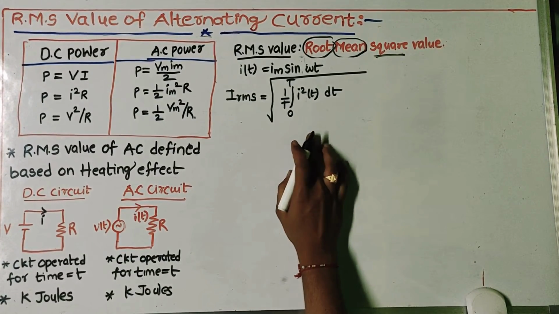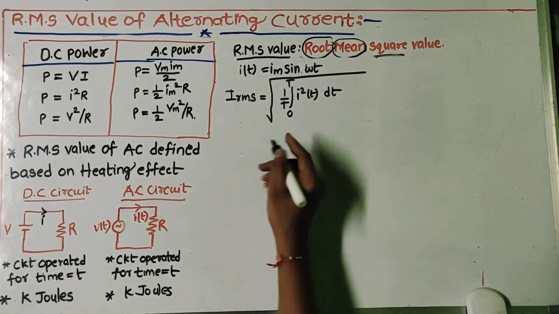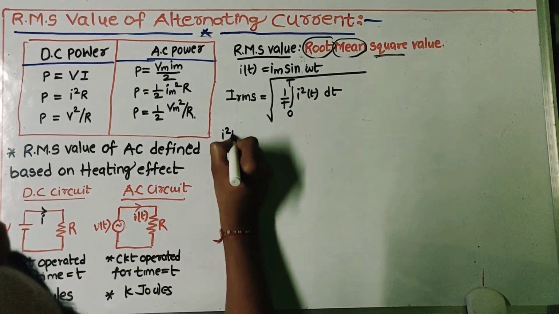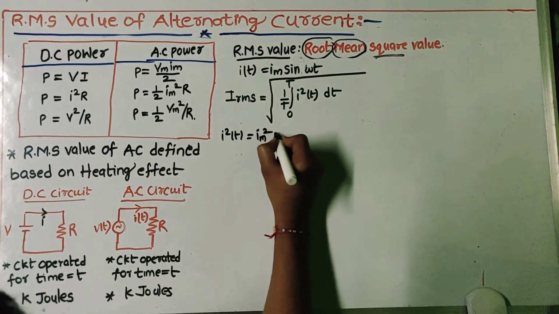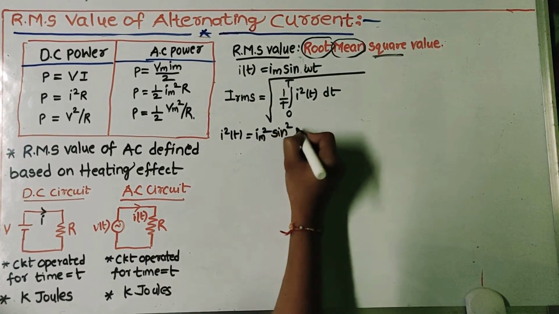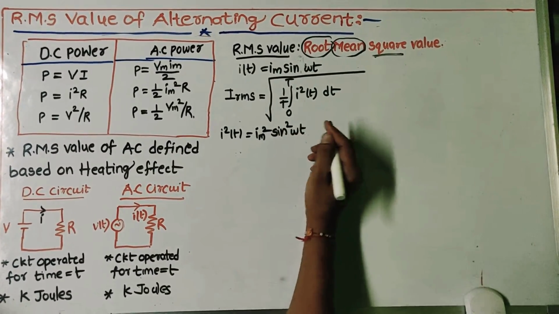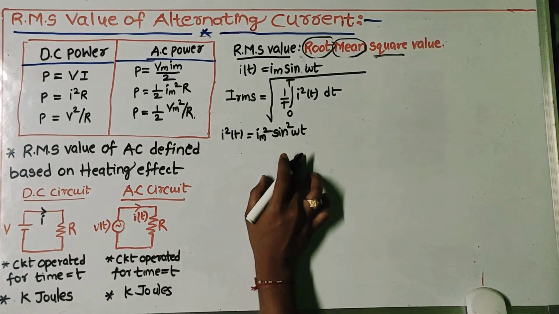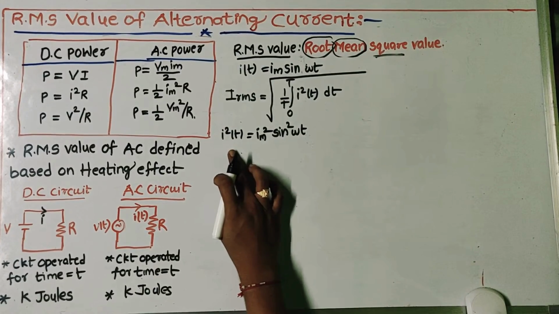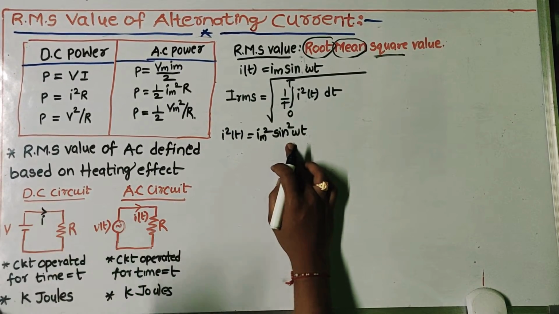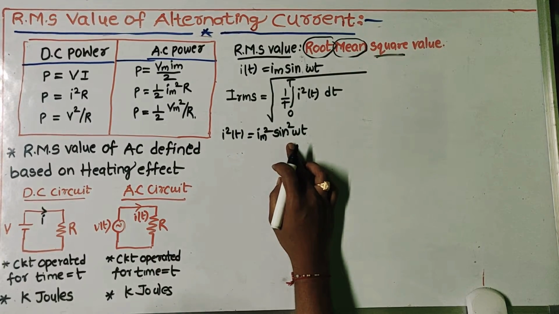So let's substitute the values. So here what is I square of t? So I square of t is Im square sin square omega t. So this is the value of I square of t, but here we need to integrate this I square of t, but here we don't have a direct formula for integrating sin square omega t. So I will change this into another trigonometric function.